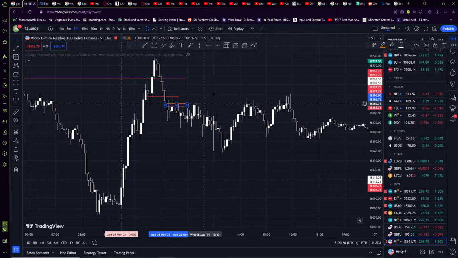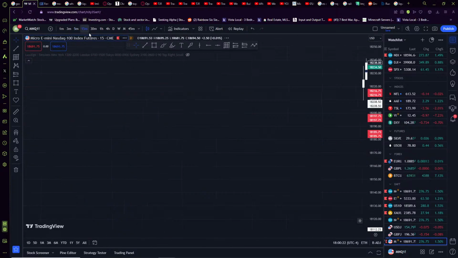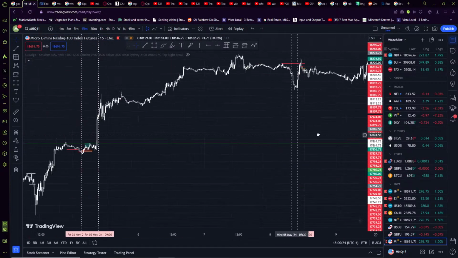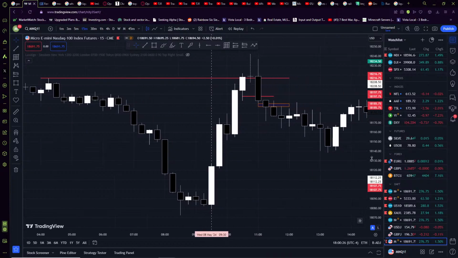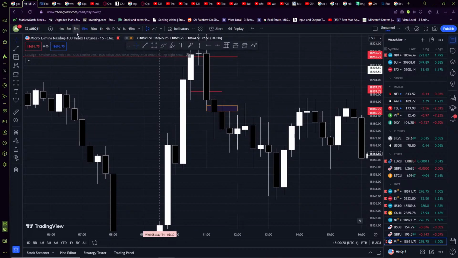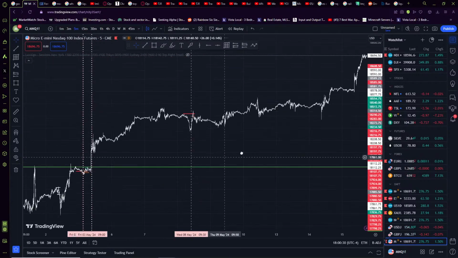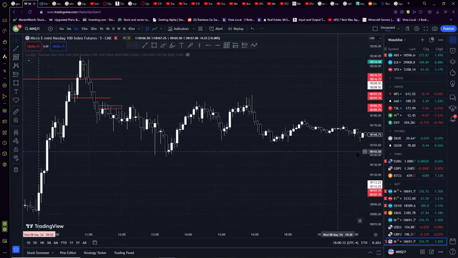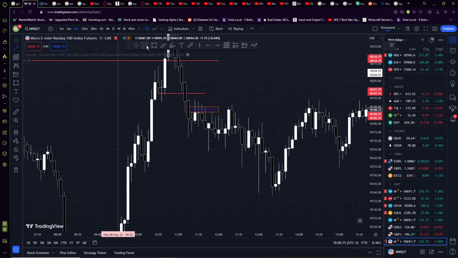Now say I see this choppiness, right? As soon as I see this, if I go on the 15-minute and I'm still seeing price look like that, what am I seeing? Oh, wicks. 5 minutes telling me we're choppy. Tap liquidity. Still choppy, right? This is where you have to be careful.